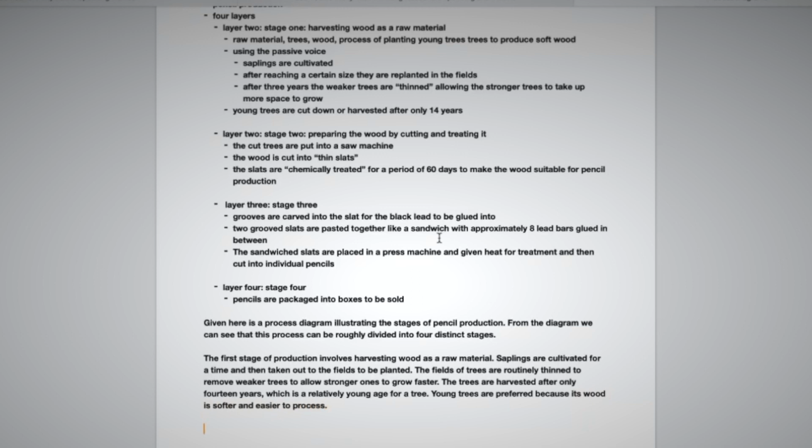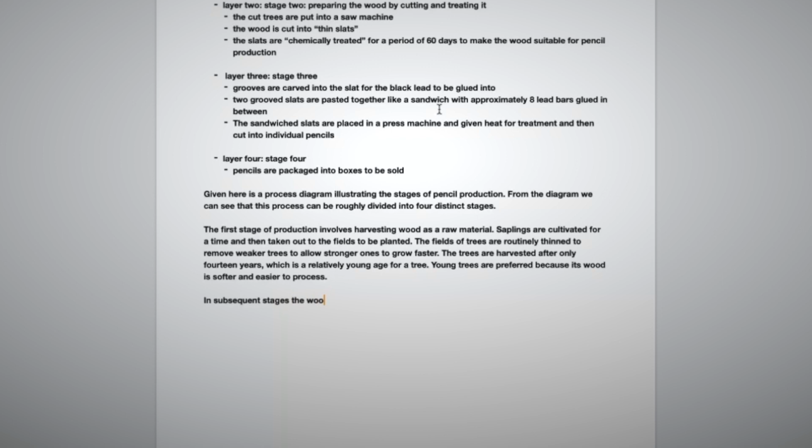Then, in subsequent stages, the wood is cut into thin slats, which need to be chemically treated for up to 60 days in order to make the wood suitable for use.